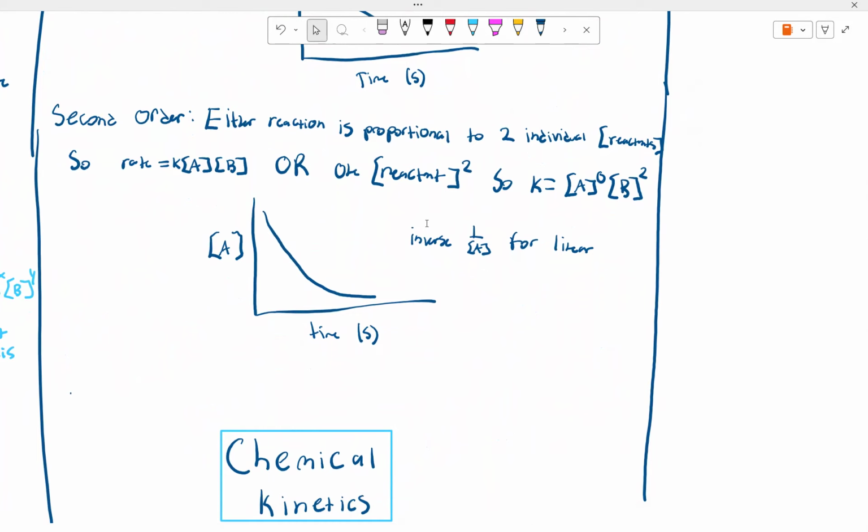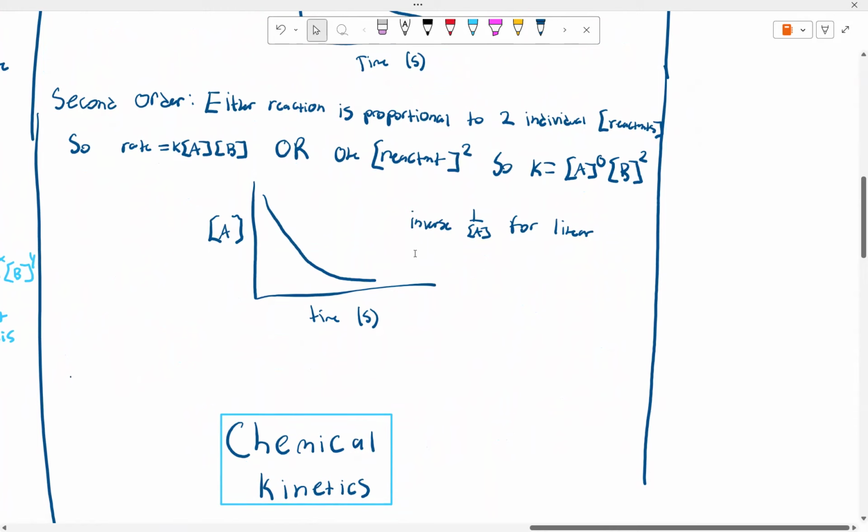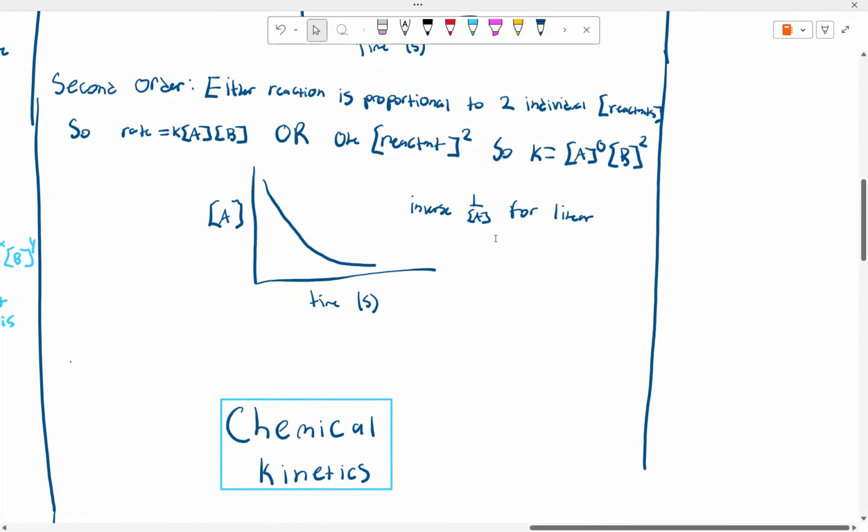So rate is equal to k, A to the power of 1 and B to the power of 1. So 1 plus 1 is 2, or 1 reactant squared. So rate is equal to k, A to the power of 0 and B squared. And the inverse, so in order to get the linear graph, you just have to invert, 1 over A. That's all I want to say.